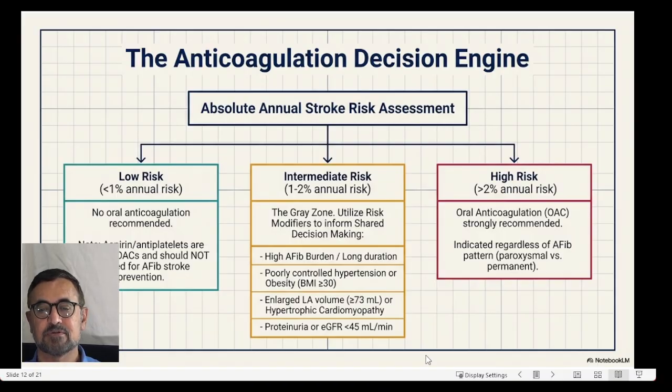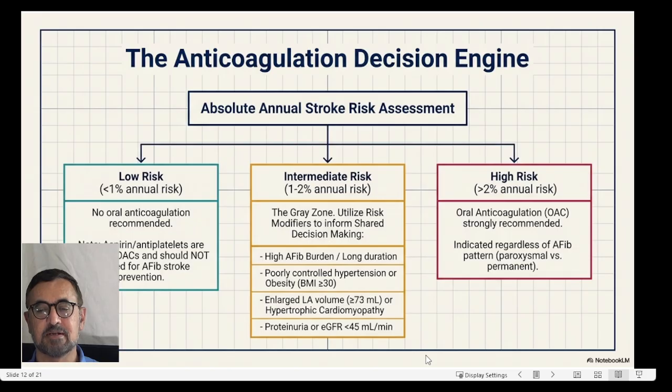Now, we have to stratify the patients as low, intermediate, and high risk. Low risk patients have less than 1% risk of stroke per year. Intermediate risk have 1 to 2%, and high risk have more than 2%. Now, low risk patients typically do not require anticoagulation, as the risk of bleeding from anticoagulation is equal to or higher than the stroke risk.